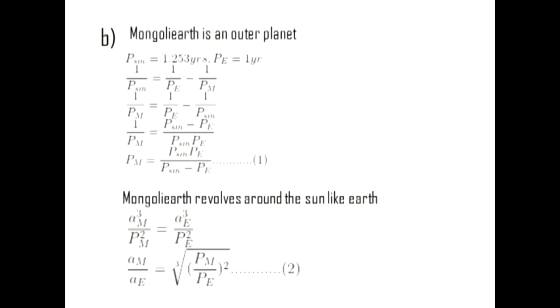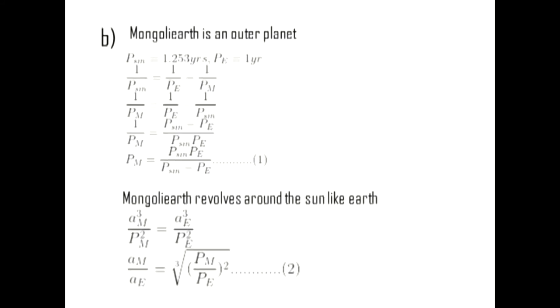And if we do that for Mongoliearth and the Earth, we will find that the semi-major axis of Mongoliearth divided by the semi-major axis of the Earth is equal to the cube root of the period of Mongoliearth divided by the period of Earth, squared.